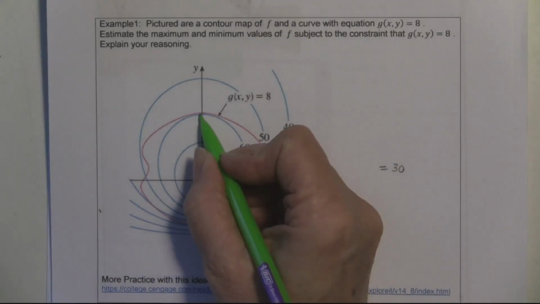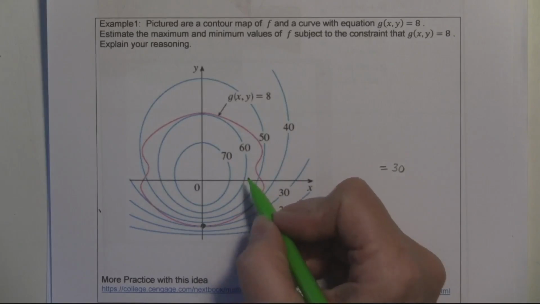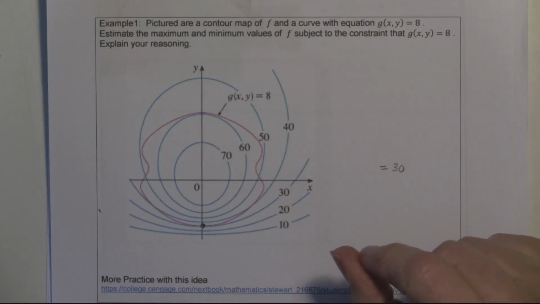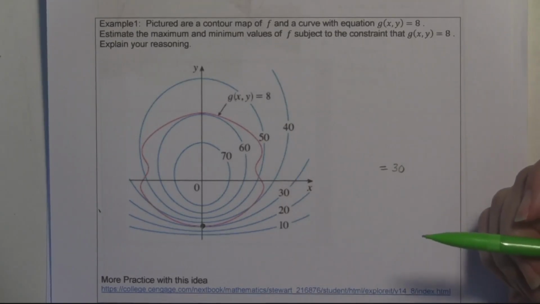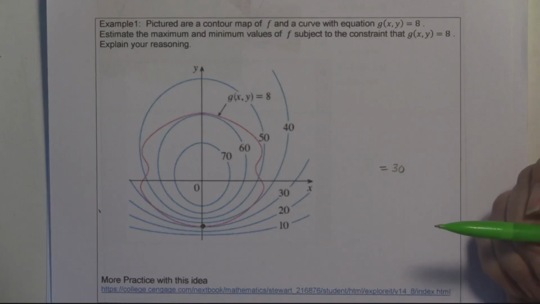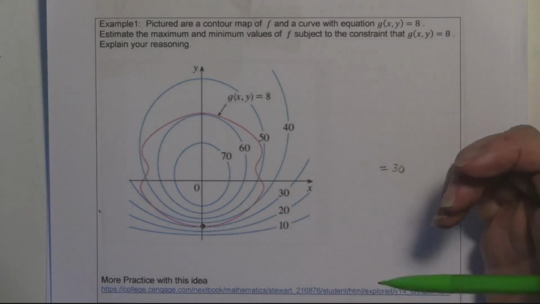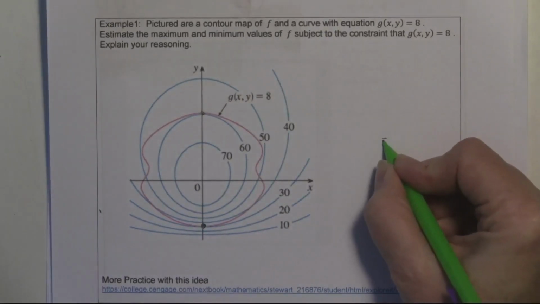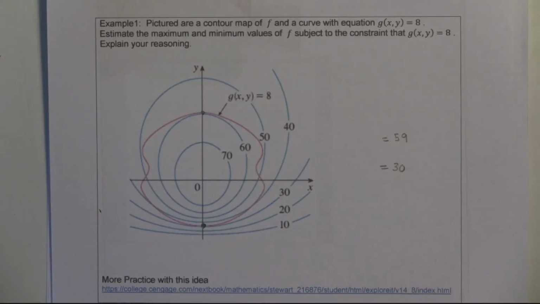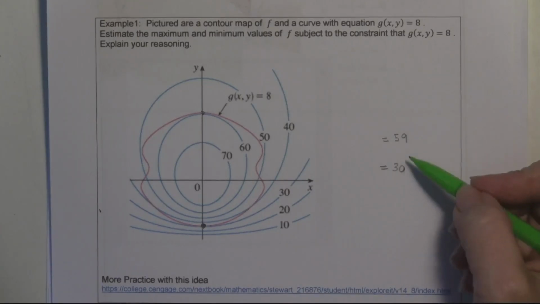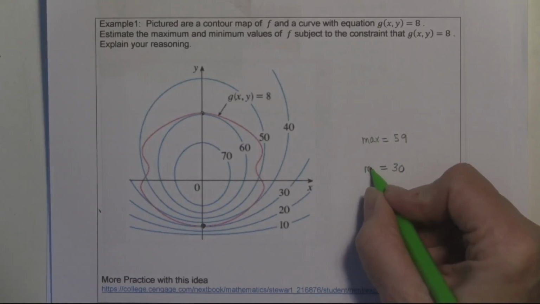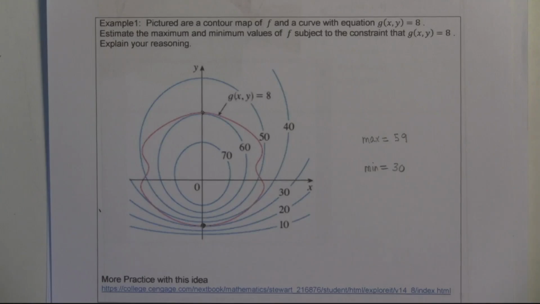But they've just done level curves by tens, and if they did another level curve between 50 and 60, closer to 60, that would be the one that would just be tangent, where they would just meet right there. I'm going to say that one is at 59, ish. They said to estimate, and I have to estimate. So the bigger of these two is 59, so that is the max. And the smaller of these two is the min. So we did a lovely job on that.